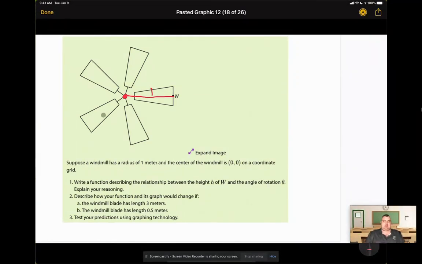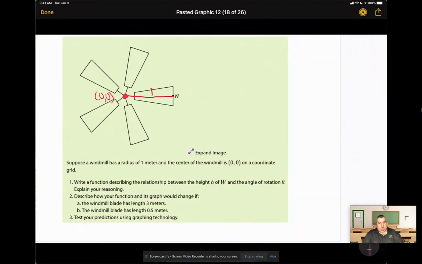So that tells me we have a unit circle. The center is at 0, 0 on a coordinate grid. Write a function describing the relationship between the height h of w and the angle of rotation theta.